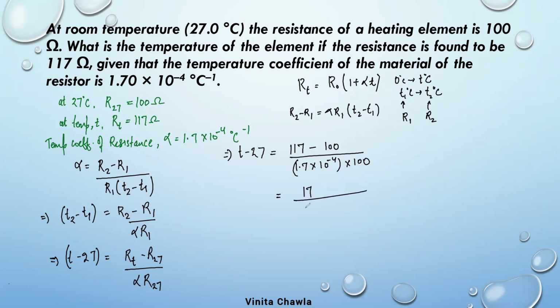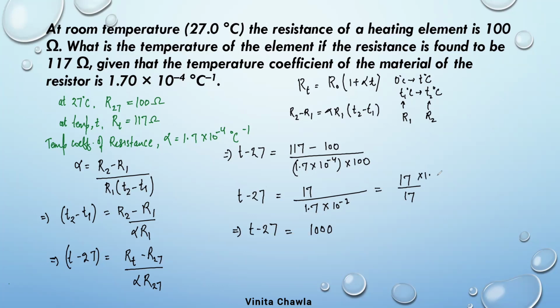And in the denominator, we have 1.7 into 10 raised to the power minus 2. So T minus 27 is equal to, we can solve this easily. What will we get? 1000, because when you write this, you can write like this.